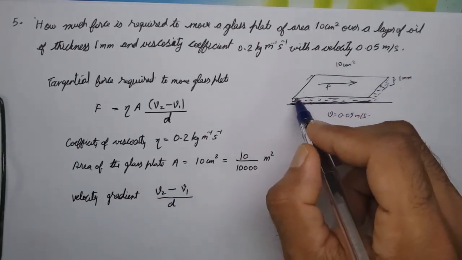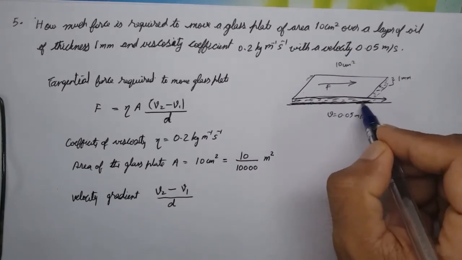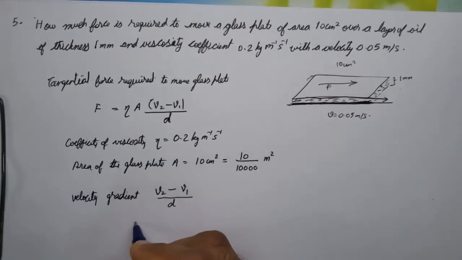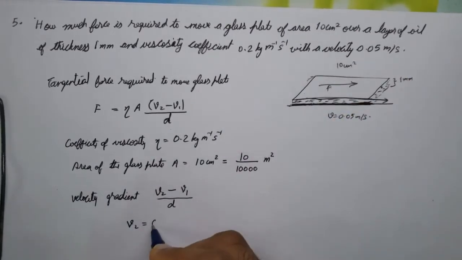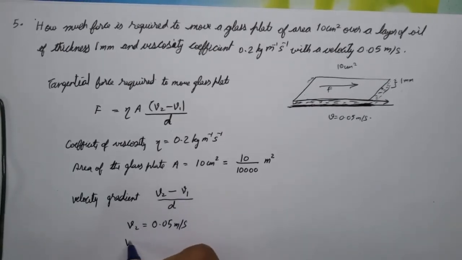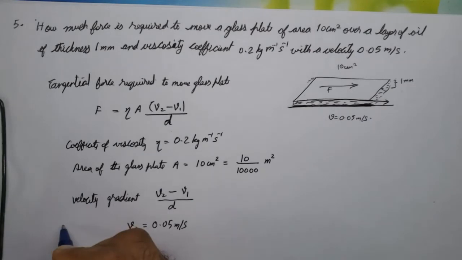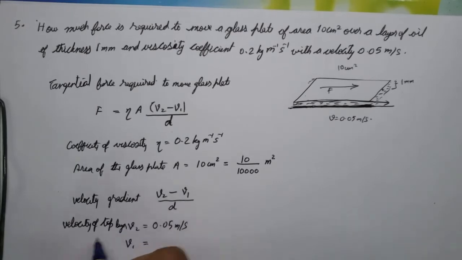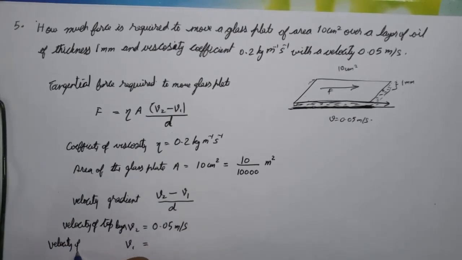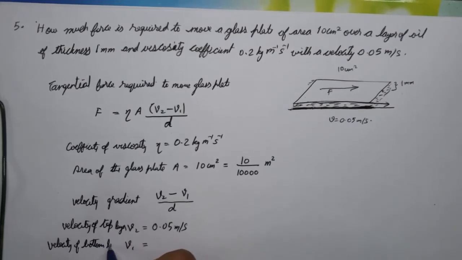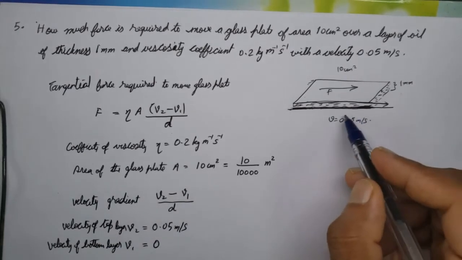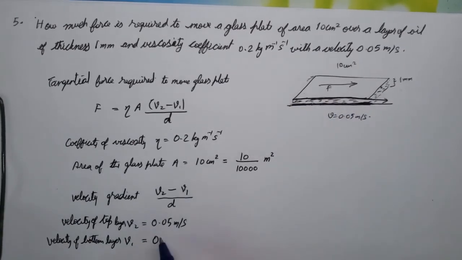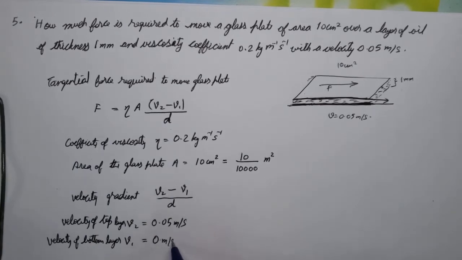The layer stuck to the glass plate moves, while the oil stuck to the table surface below does not move. So V2 is given as 0.05 meter per second, and V1, the velocity of the bottom layer, is going to be equal to 0. It's not moving, that is 0 meter per second.